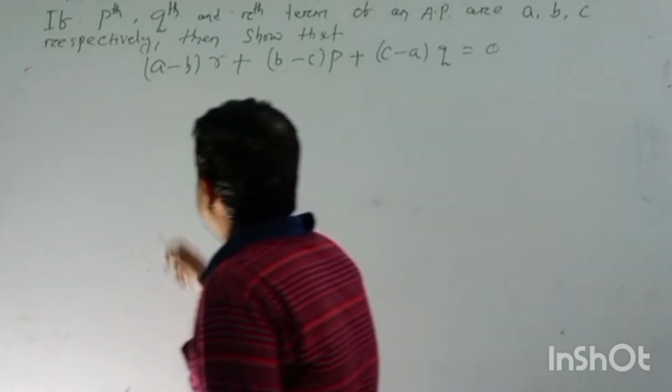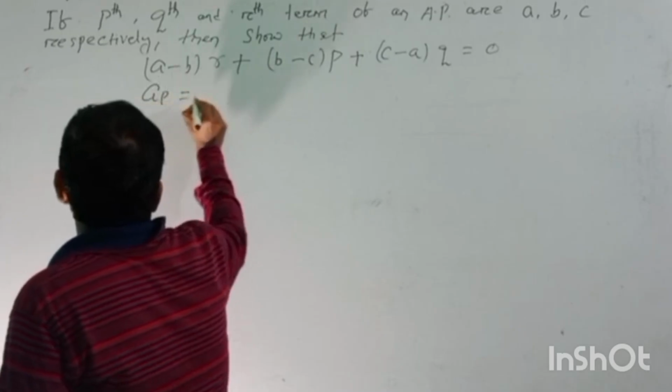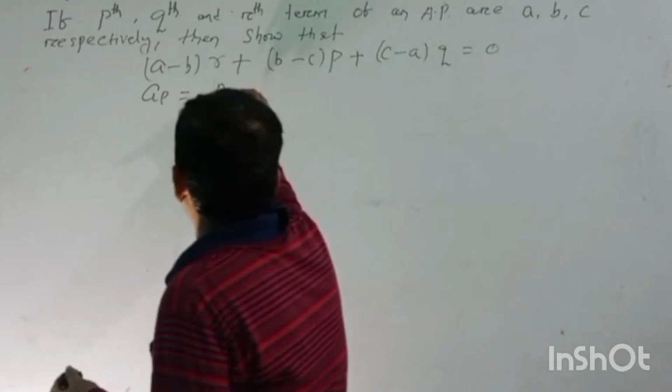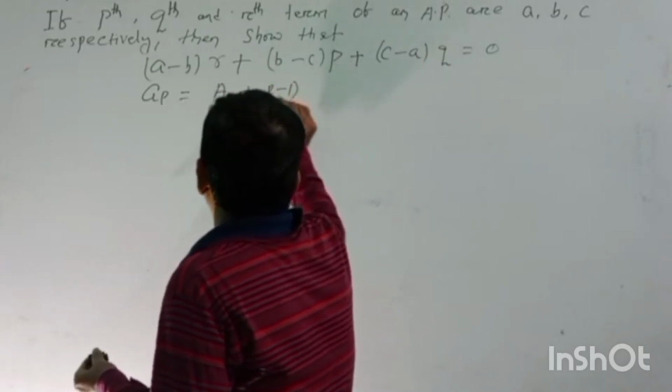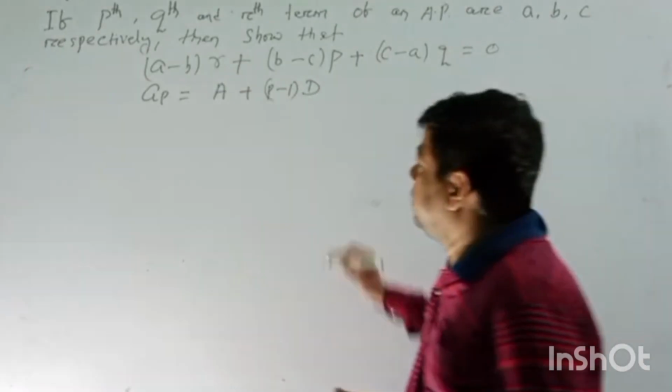Now the question is given. The p term means a_p is equal to, let the first term be capital A, plus (p minus 1) into capital D. And what is capital D? D is the common difference, which is a.